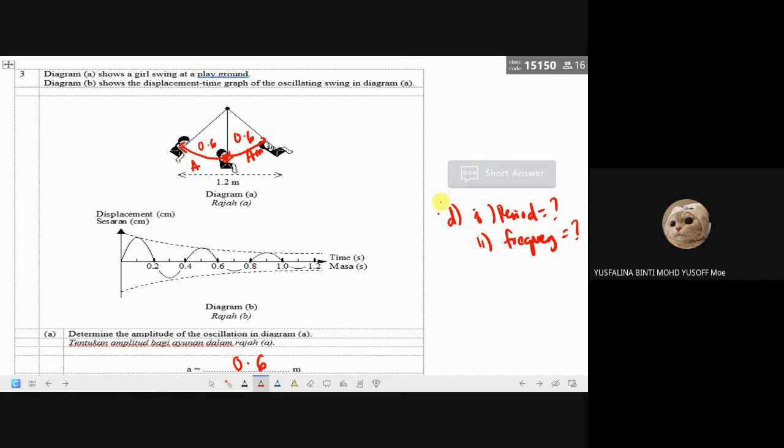And C, you need to state the physical quantity that is not changed.